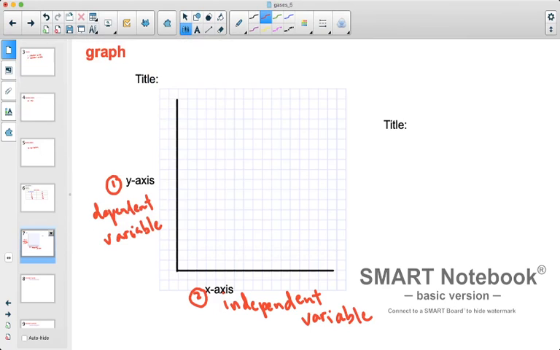We also include a title, and some of you always forget the title. The title is also written in a very specific manner. The title is always the dependent variable as a function of the independent variable.